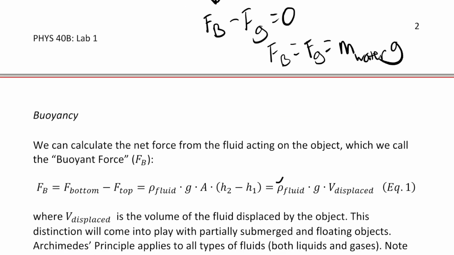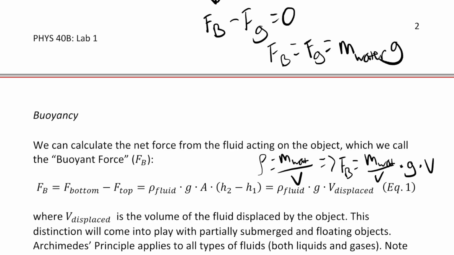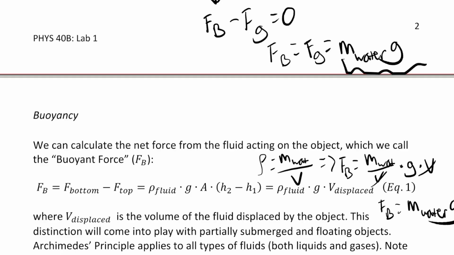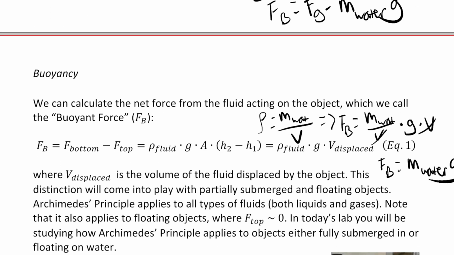And we can see that actually matches here because rho sub fluid is the mass of the water divided by the volume, so the buoyant force is the mass of the water divided by the volume times g times the volume. The volumes cancel, and the buoyant force is just equal to the mass of the water times g, which matches the equation up here. So that's nice to see.